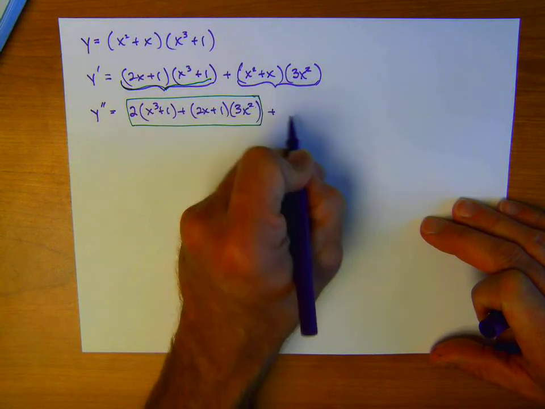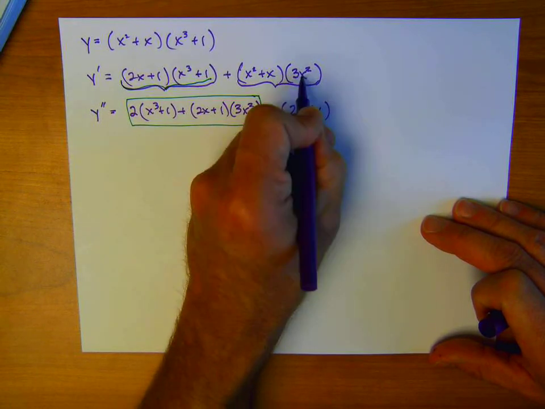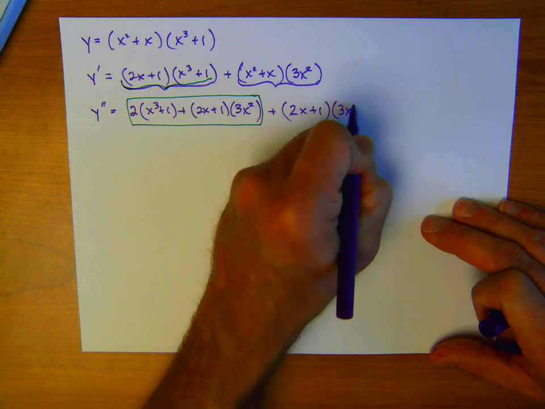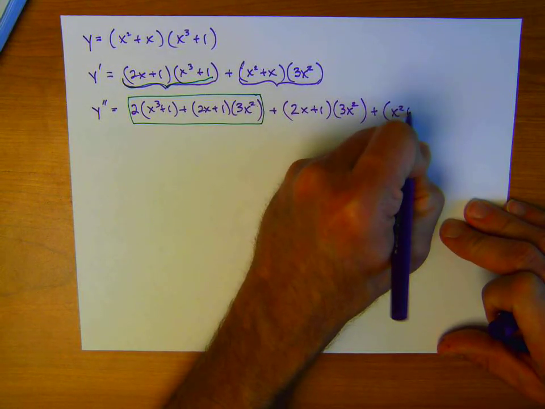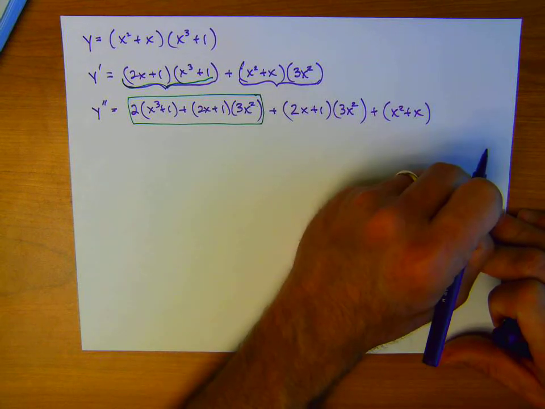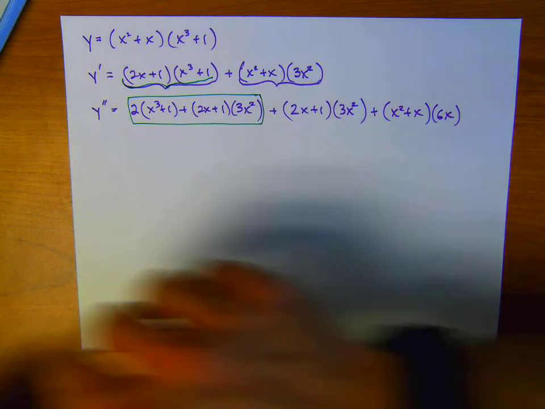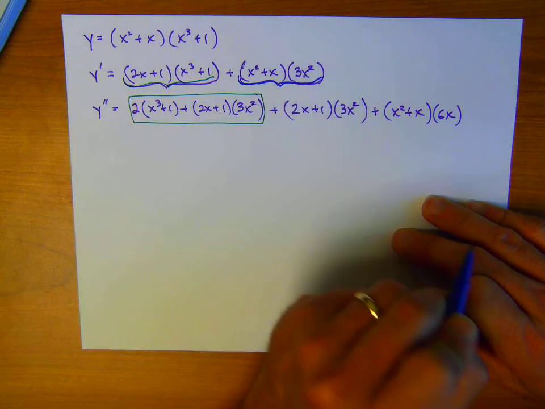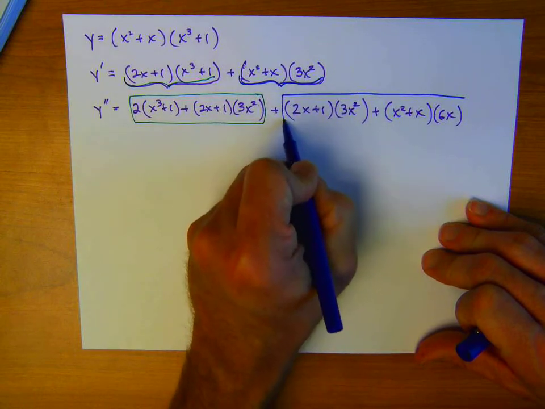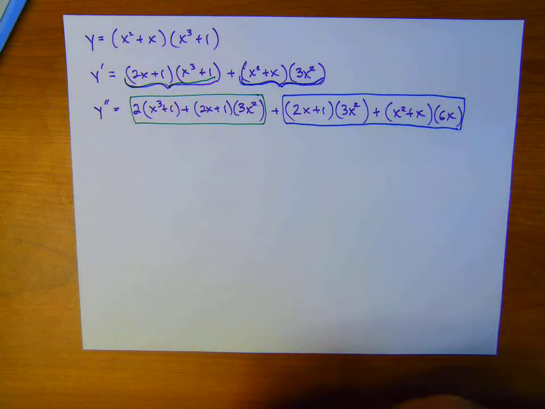So I have the derivative of the first part, which is 2x plus 1, times the second, which is 3x squared, plus the first, which is x squared plus x, times the derivative of the second, which is 6x. So for this part, this is the application of the product rule to get that part of the derivative.